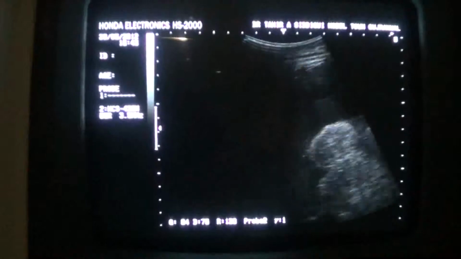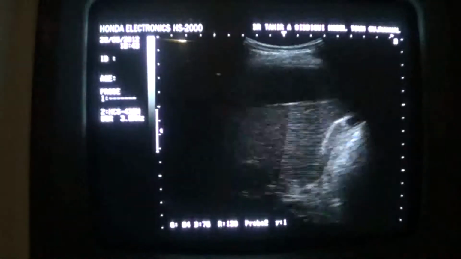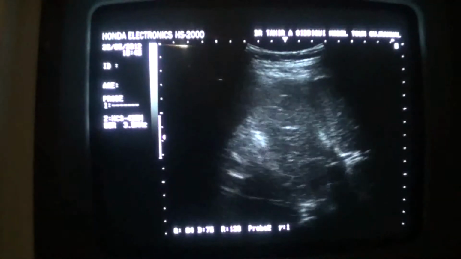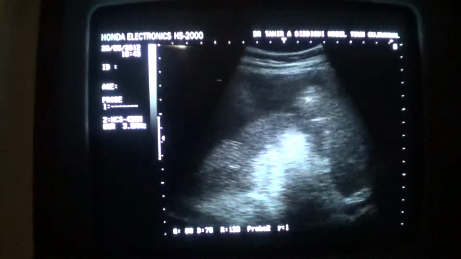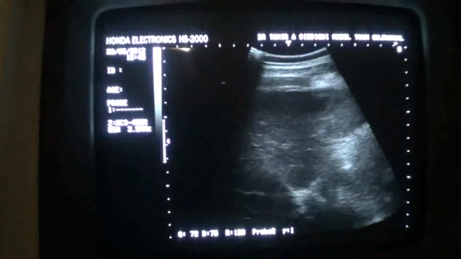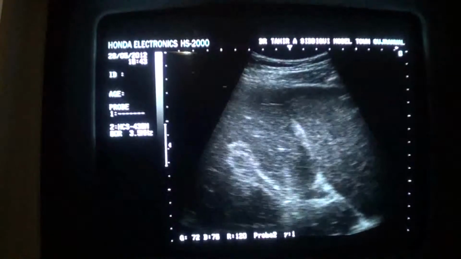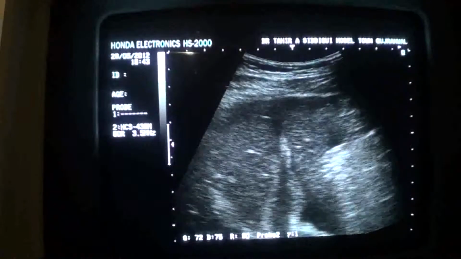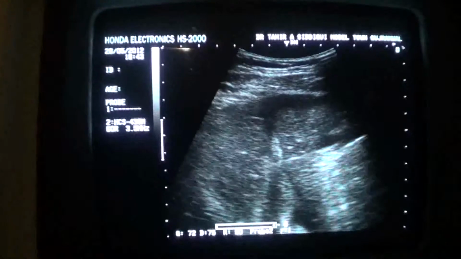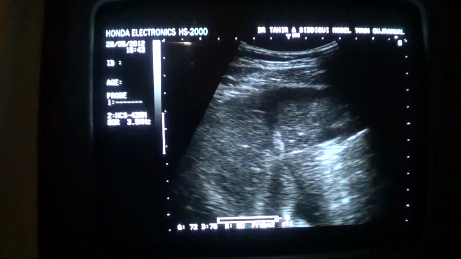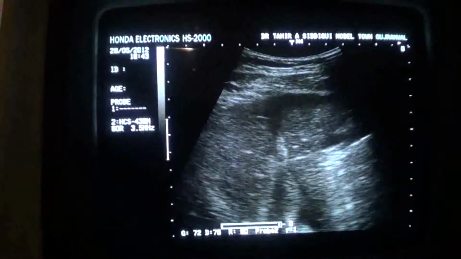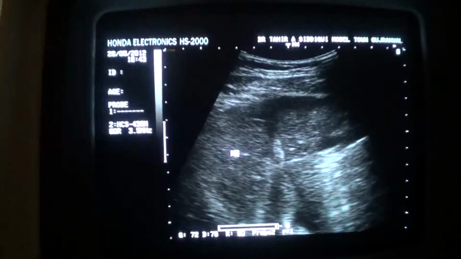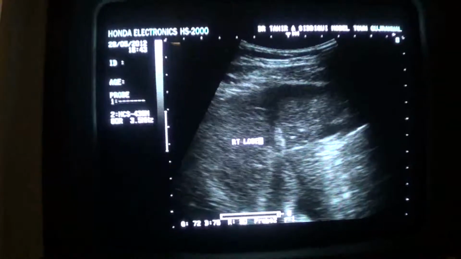The right lobe of the liver is normal, whereas when I go to the left lobe, I do see this is the area. Now this is the area of bridge between the left and the right. This is the right lobe. This is the left lobe.